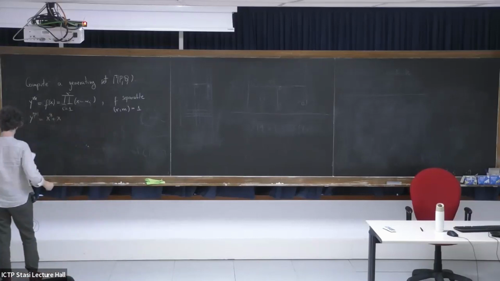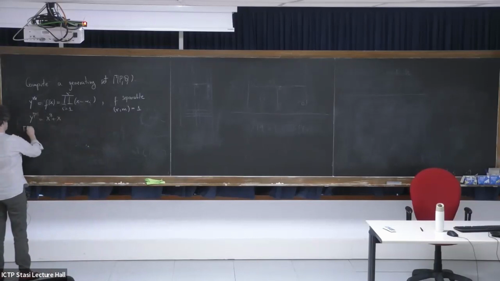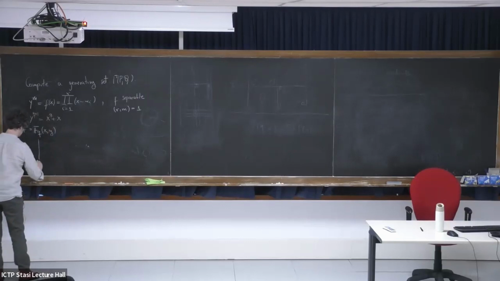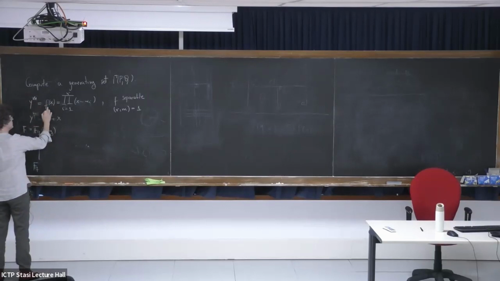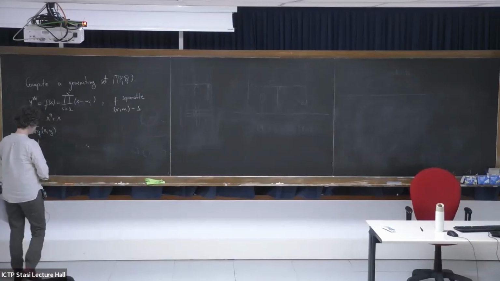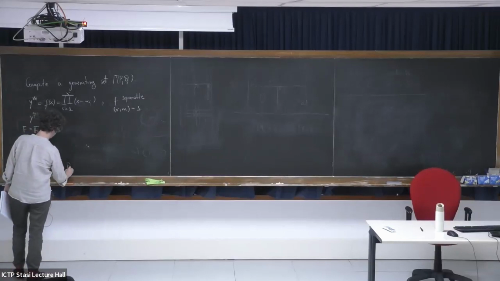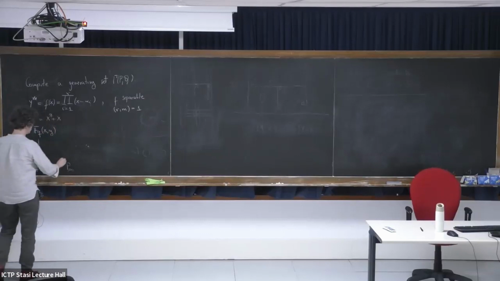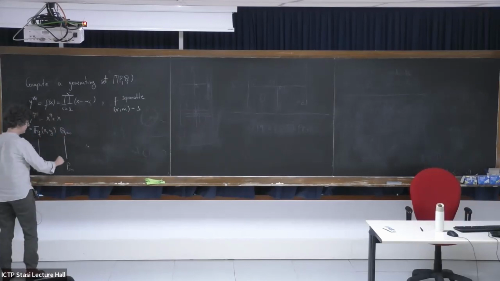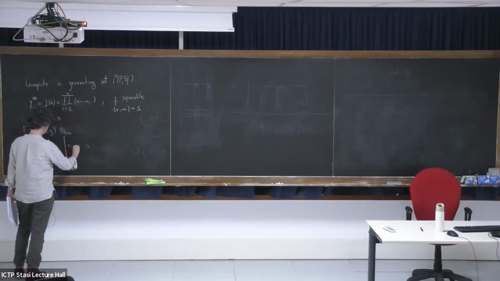As yesterday, we just consider them. The polynomial y to the m minus f is irreducible since f is separable, so this extension has degree m. And if you look at the pole of y, it is totally ramified: you have just one place with ramification index equal to m.